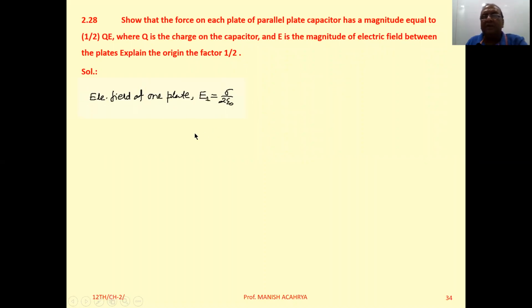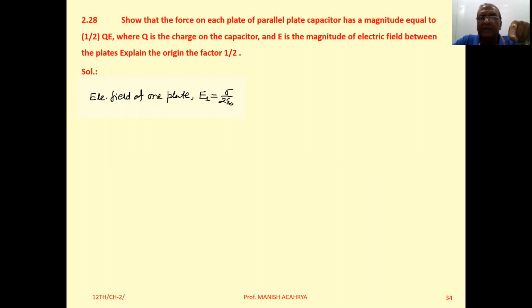Now, the electric field of any charged plate is given by the equation sigma upon 2 epsilon 0. In chapter 1 we derived this.